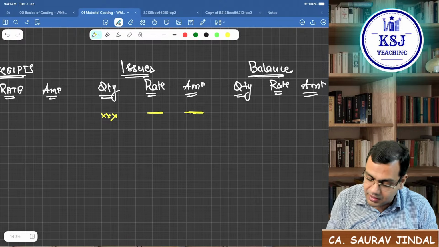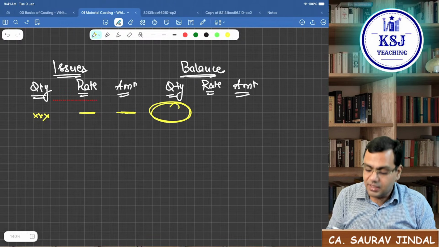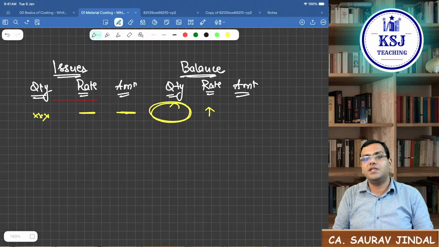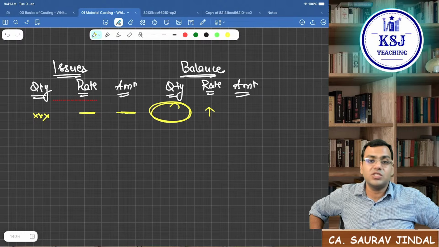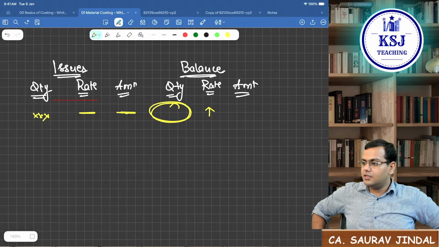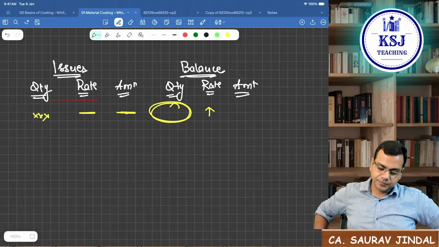So the rate for the good units will increase, because, as I told you yesterday, the normal loss is to be borne by good units.